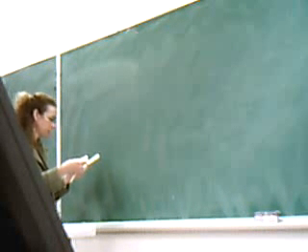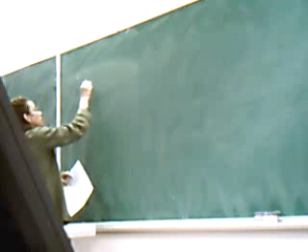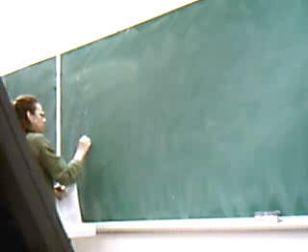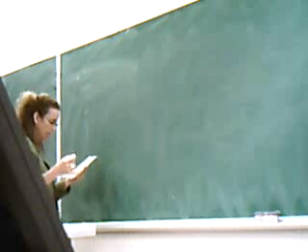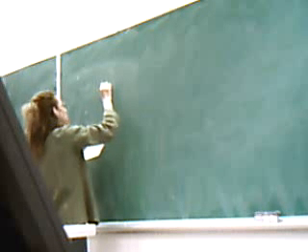Okay, so number 3. This one gives you a table of 5 populations. And they each have their effective population size.